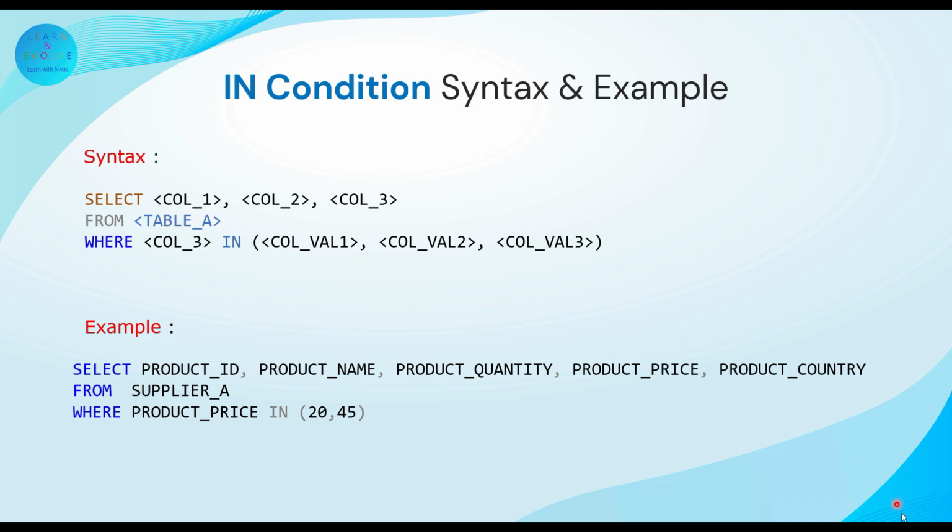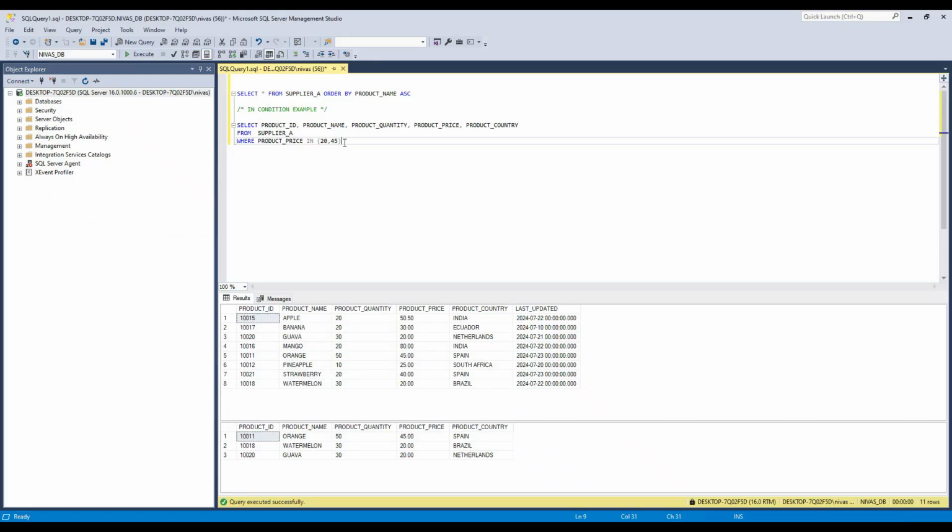So here I have taken the same example which I showcased just now. Let's run it again. Here I wanted the products having product prices 20 and 45. Only those two products I want.